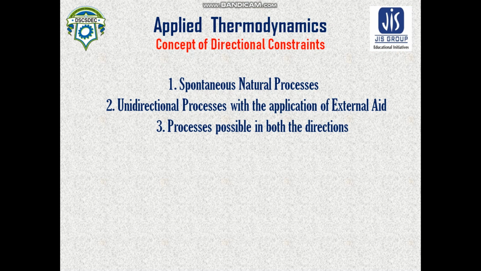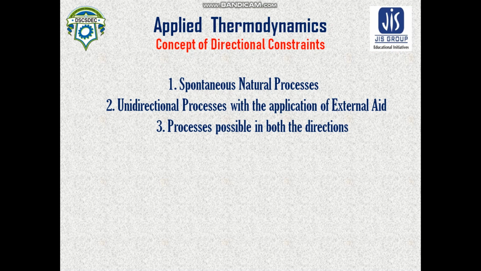This type of process is called a spontaneous process. Spontaneous or natural processes, whatever you may say, always have a directional constraint incorporated within them. That means you can change the direction of the process, but you can't specify that process as a natural one.